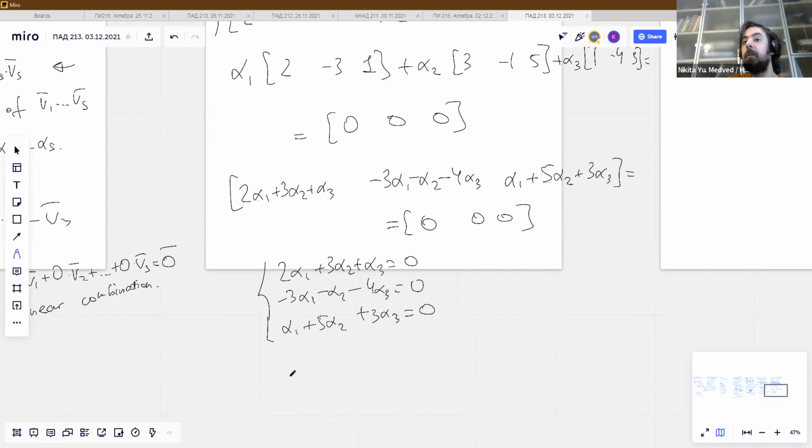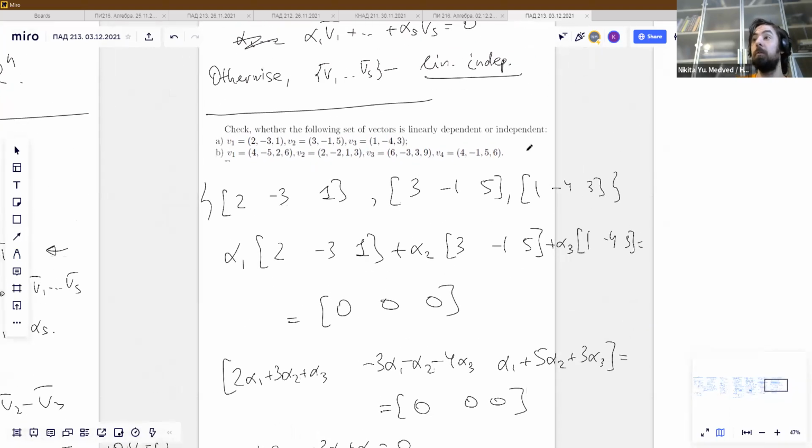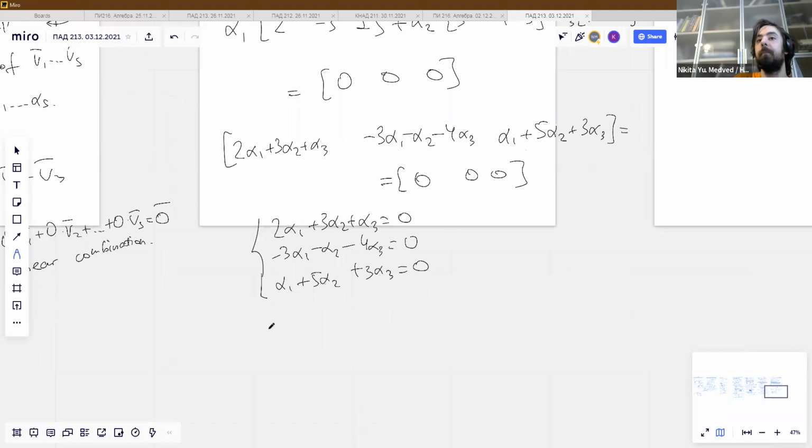Now I have to solve it. And there are two possibilities. Either it has solutions or it doesn't have solutions. And I'm interested in two possibilities. Do those alphas exist or not? So let me do it quickly.